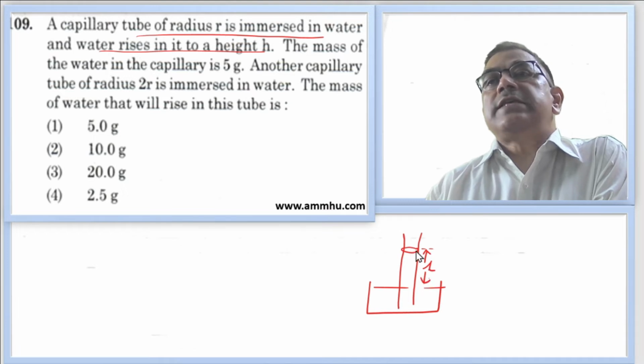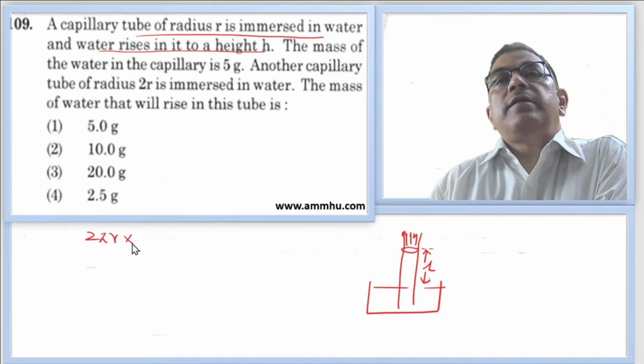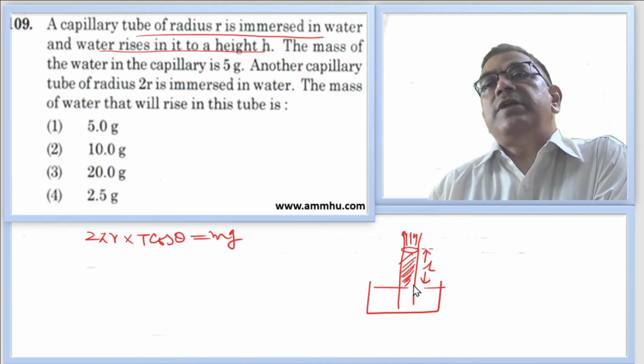And if you could recollect, the upward force which pulls the water up is given by 2 pi r T cos theta, that holds the weight mg. mg is the weight of the liquid in the capillary above the level of the water.